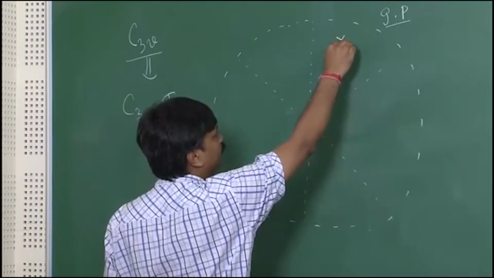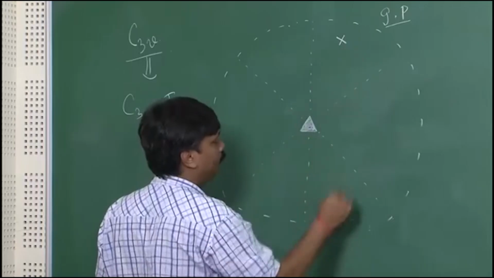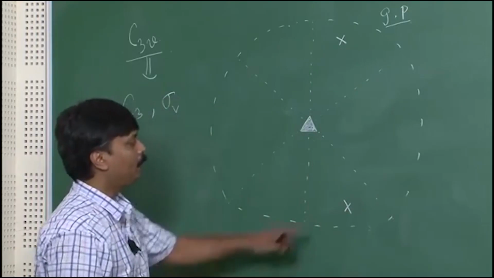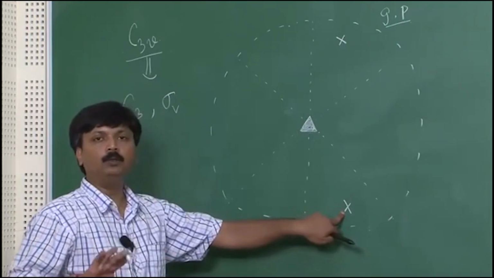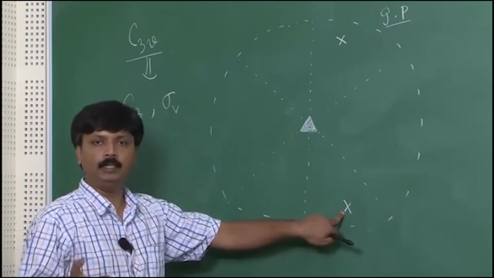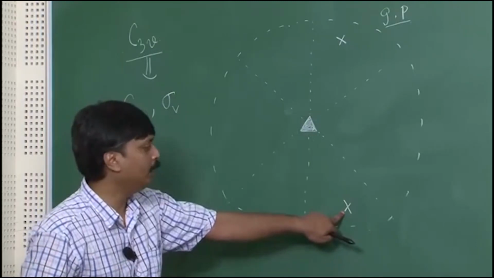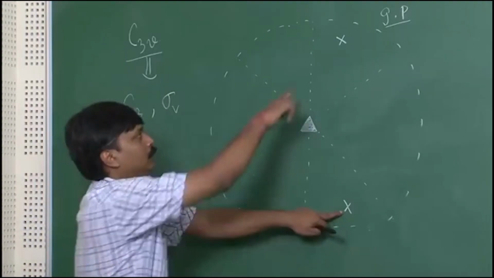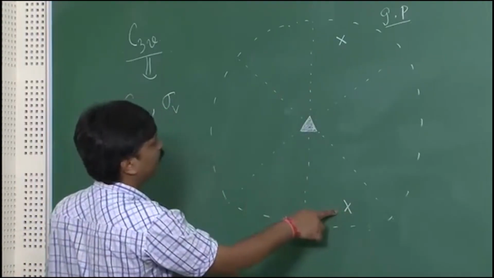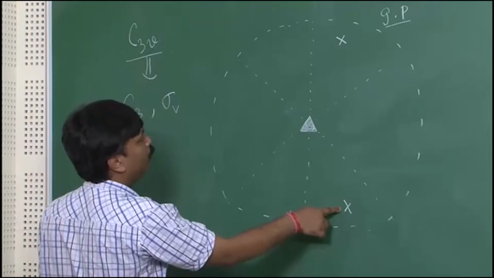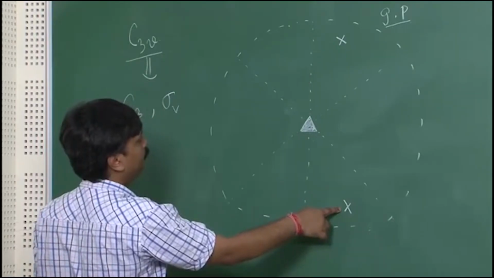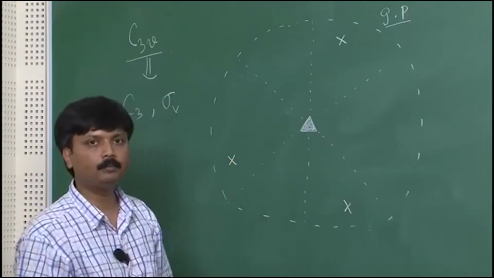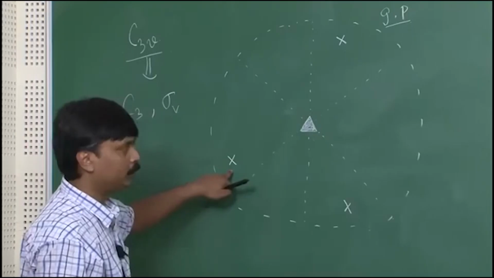C3 will take this one from here to somewhere here. Now my job is to complete the operations that can be generated from a C3 element. The other operation that can be generated is C3 square, that means C3 and another C3. So this element will reach somewhere here after the C3 square operation.